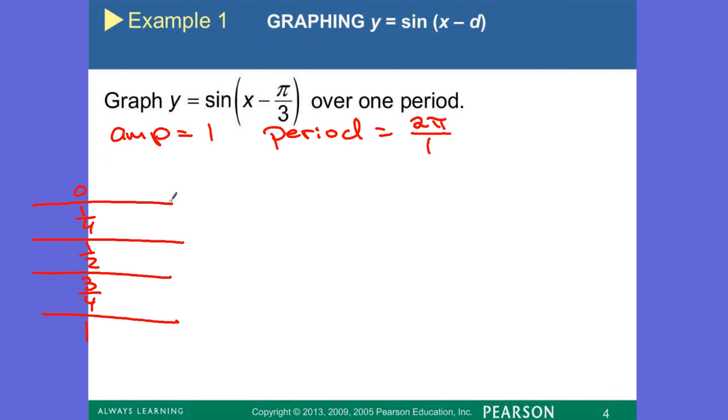These are my parts, and I would multiply by the period, so that's times 2 pi.